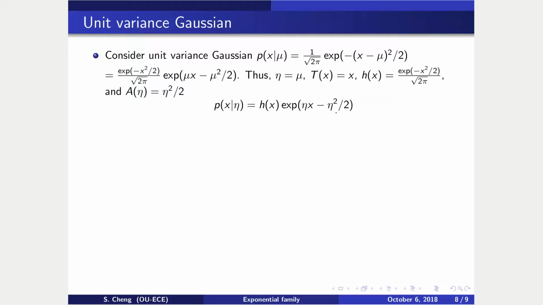And from last time, we know that we can immediately write down the conjugate prior given the canonical form of the exponential family.